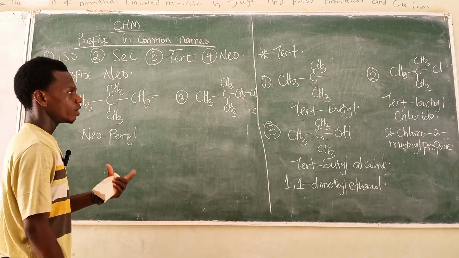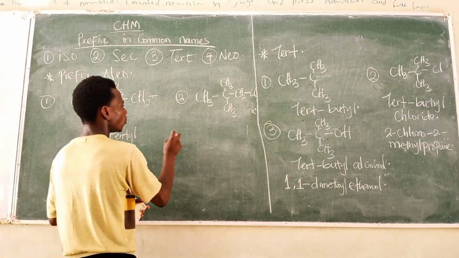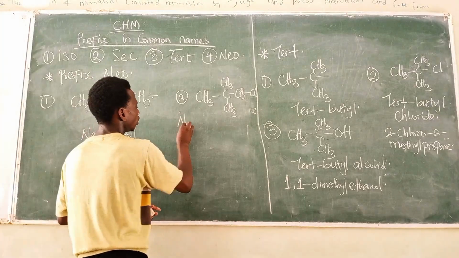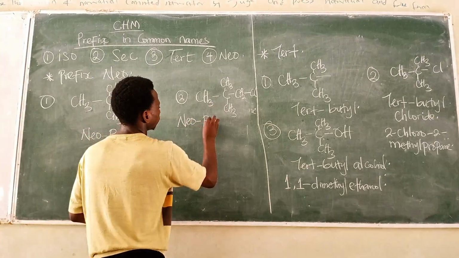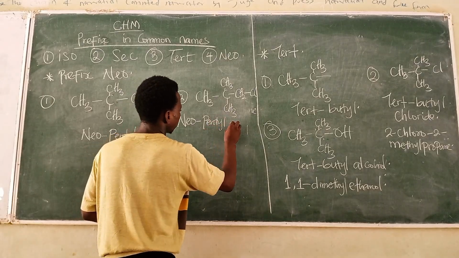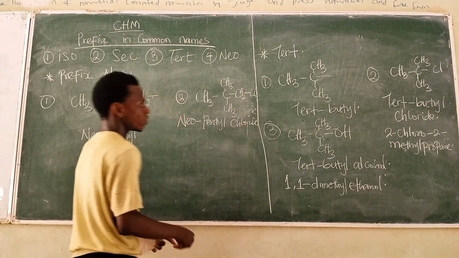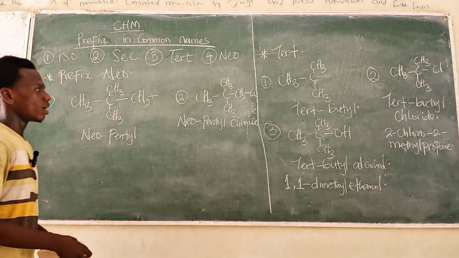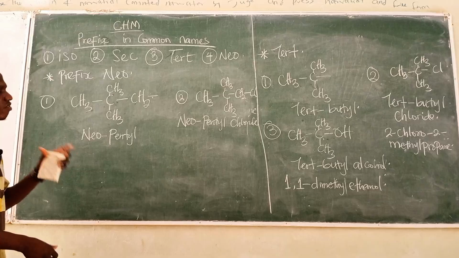Now, what are you going to call this particular structure? The common name becomes neopentyl chloride. So this is how you are able to identify and name organic compounds using the prefix neo.